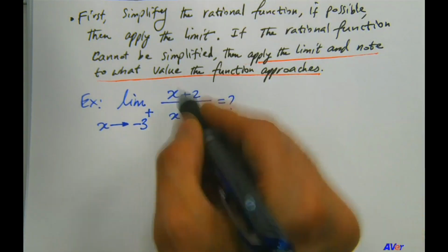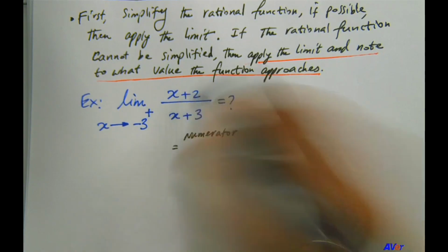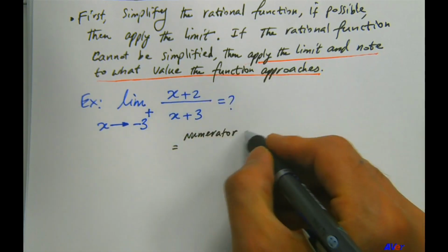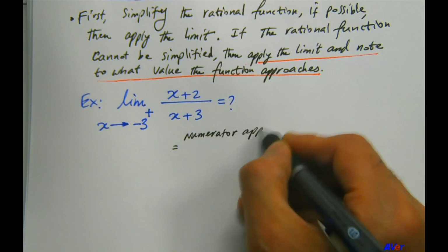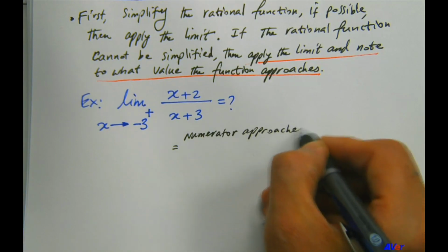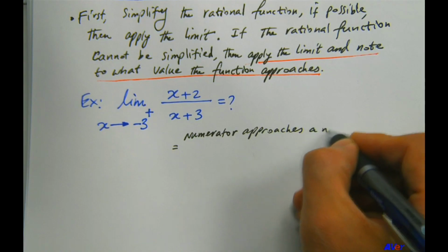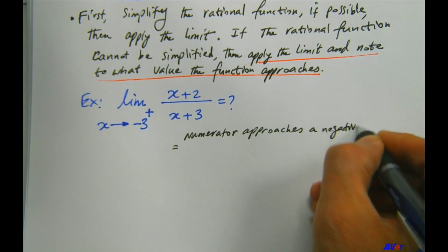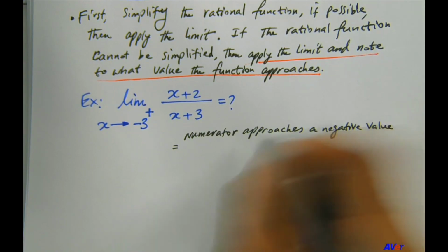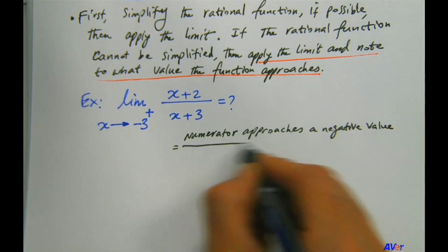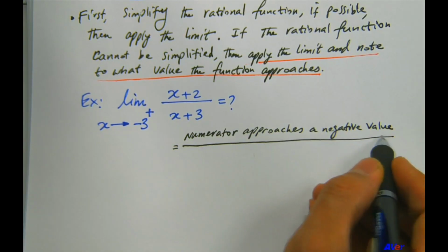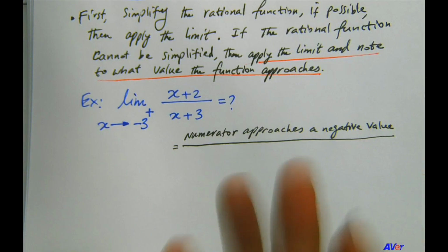So the numerator approaches some negative value, right? You don't have to find what that value is. You just need to make a note of what it is approaching.